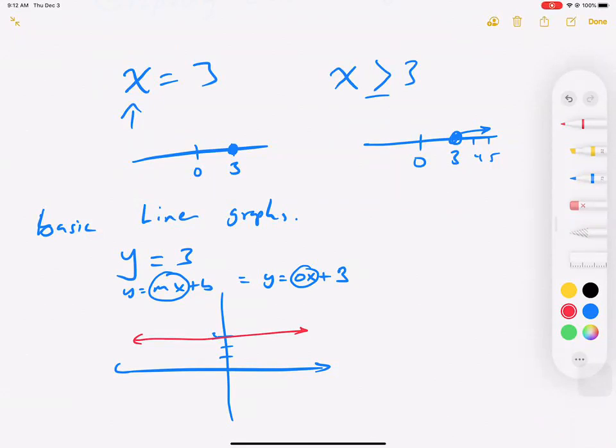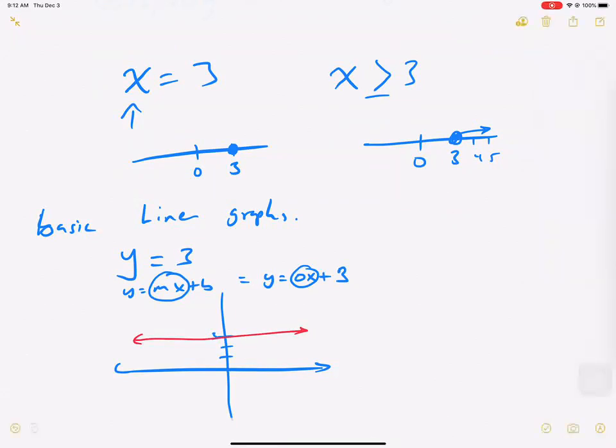Now, how would this graph look if this was an inequality, if I change this up? If I said y is greater than or equal to 3. Well, we would graph it very similarly. 1, 2, 3. Remember we said y is greater than or equal to 3. Here's 3.